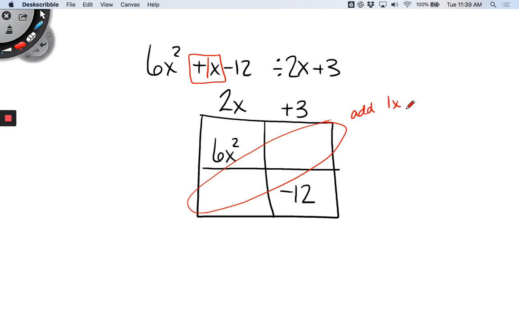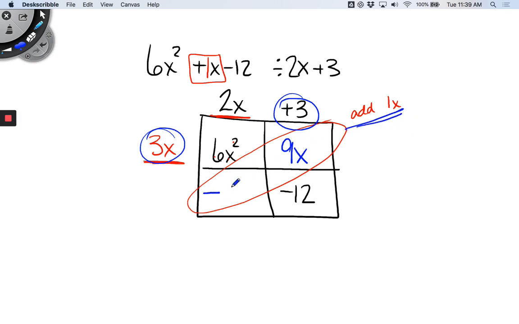And so here's kind of how I do it. So from here, I look at 2x times what would give me 6x squared? Well, it would be 3x. So then I'm going to use this 3x and do it kind of like you're multiplying a grid. 3x times 3 would give me 9x. So if I know that these two have to add to make 1x, I know this has to be a negative 8x.